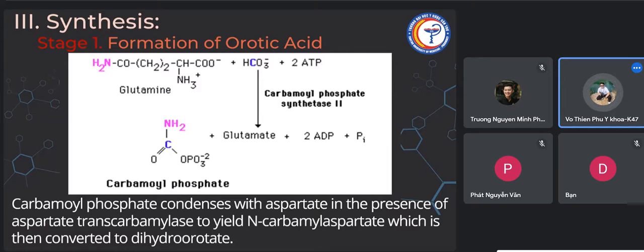This uses a different enzyme than the one involved in urea synthesis. Carbamoyl phosphate is synthesized through the use of glutamine as the free amino source and has no requirement for N-acetylglutamate.